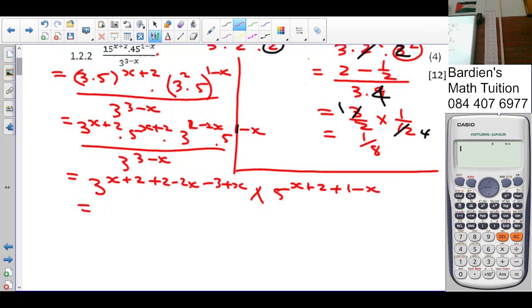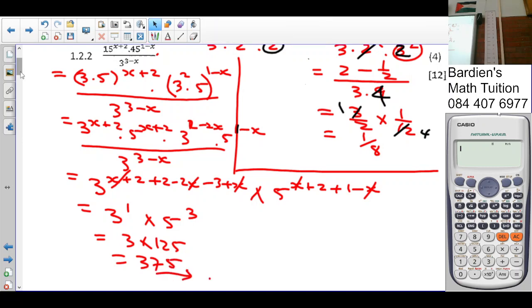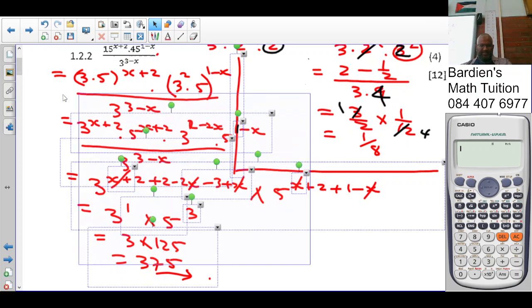Okay, so for the 3s, x minus 2x is minus x, plus x cancels. 2 plus 2 is 4, minus 3 is 1. For the 5s, x cancels, 2 plus 1 is 3. So it's going to be 3 times 125, which is 375. Okay, any confusion there? No? Just take that also off.